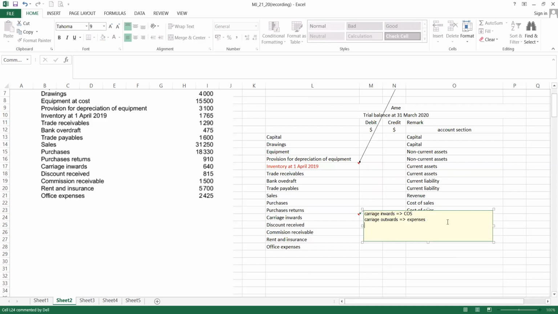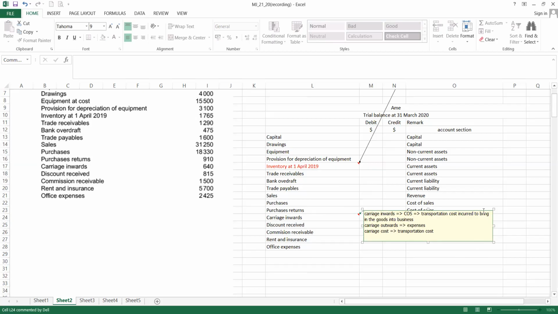Both are transportation costs, but one is under cost of sales, one is under expenses, because carriage inward is the transportation cost incurred to bring the goods into the business.